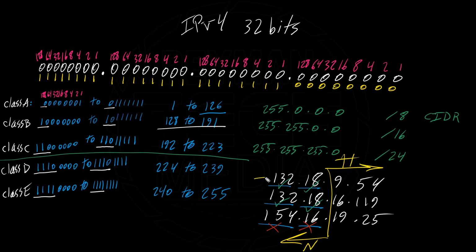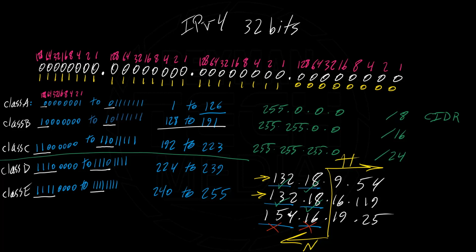So we know these two IP addresses are on the same network, because the network portion is matched. All the IP addresses are class B. Keep in mind, even if we had 18 here, it still wouldn't be on the same network because 154 is not matched with 132.